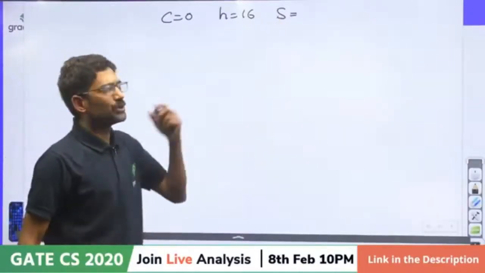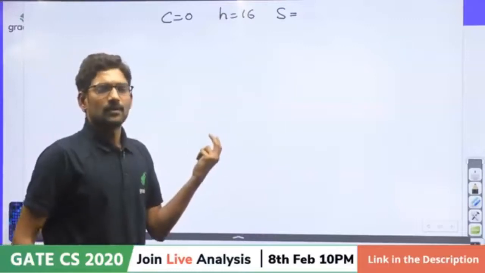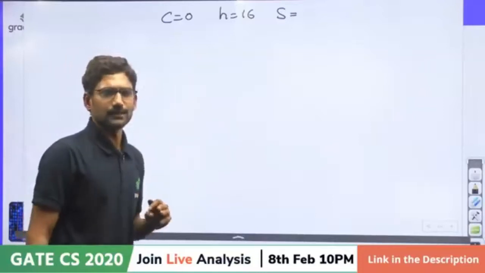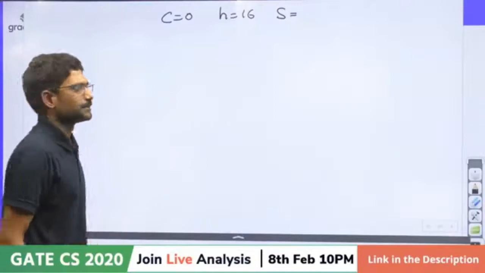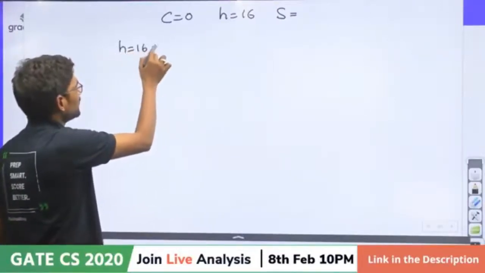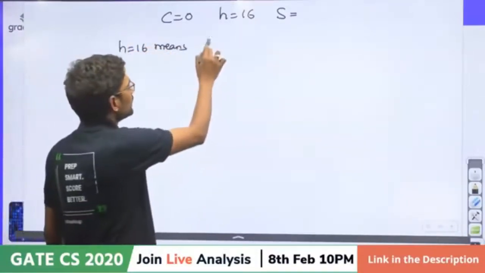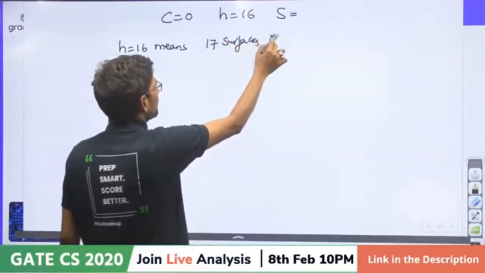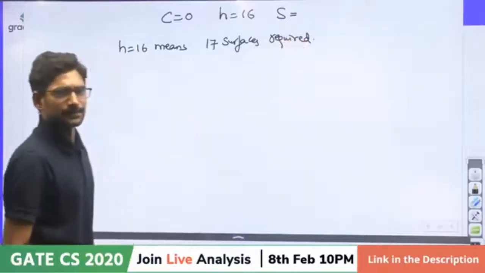Of course, now you can use your formula and calculate with what S you will get 1039. However, the standard procedure is this. H is equal to 16 means 17 surfaces are required.